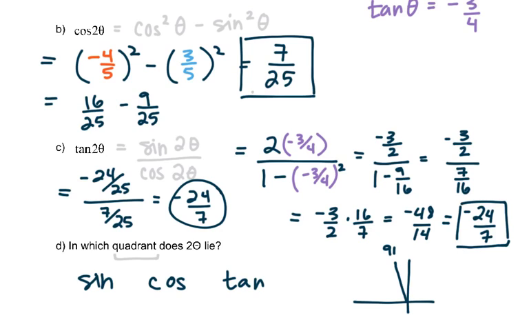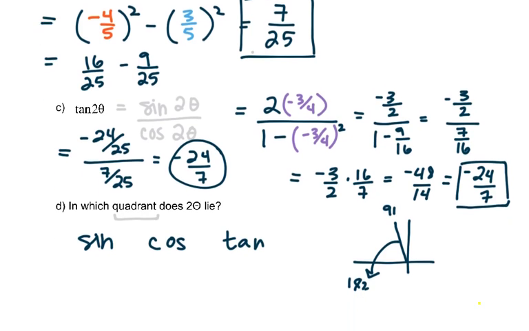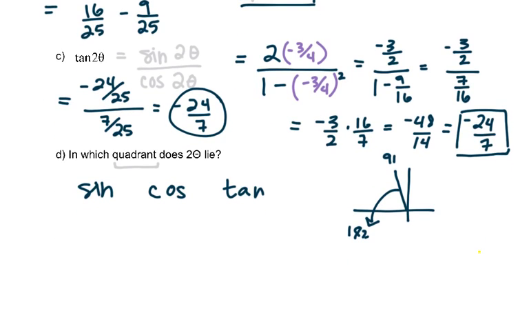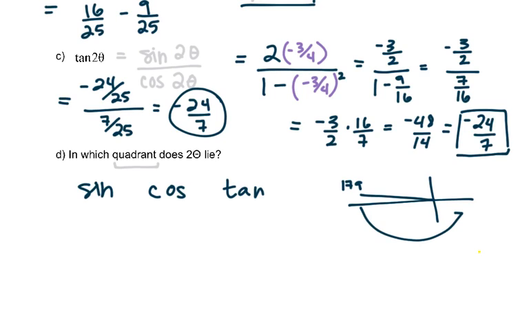If we double 91, that would take us to 182, and 182 is in quadrant 3. And you might say, well, Ms. Stein, I know it's going to end up in quadrant 3. Well, is it though? Because if I had an angle right here, that would be in quadrant 2, 179, and if I double that, I would end up over here in quadrant 4, 358.